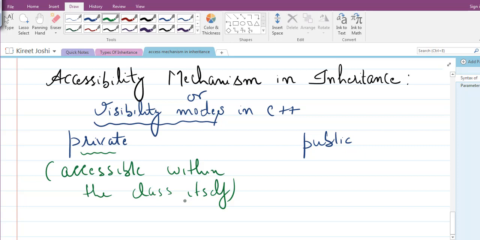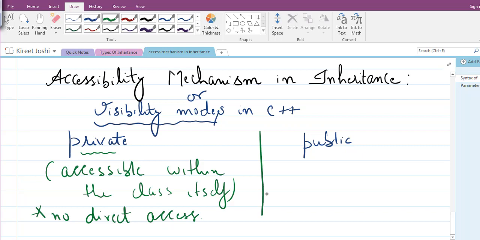So we can't use the private members of a class directly. There is no direct access to the private members of a class.